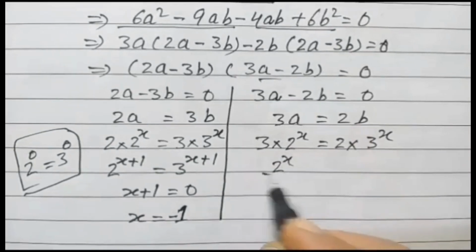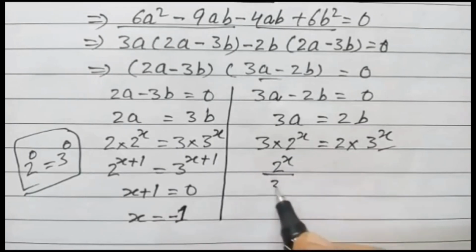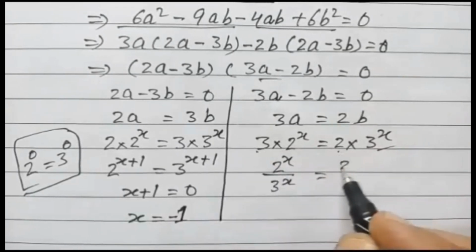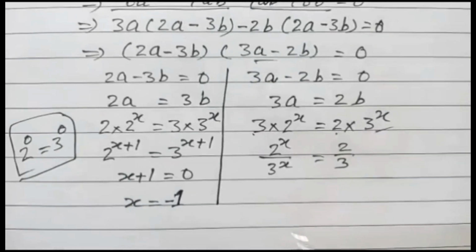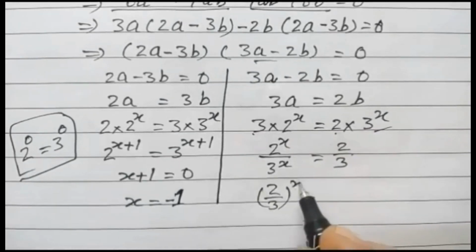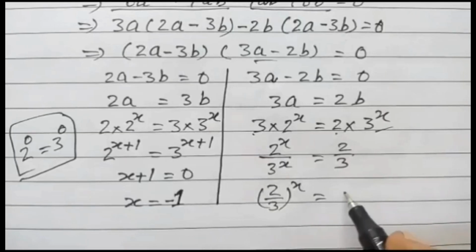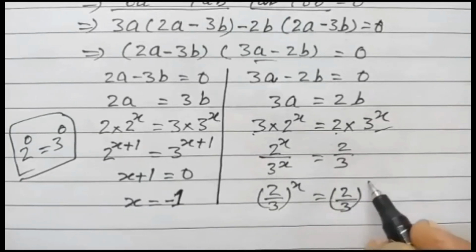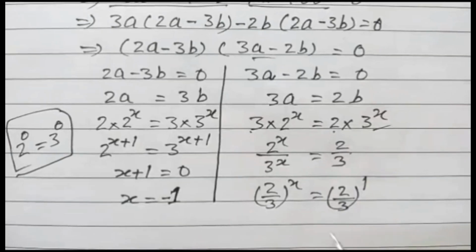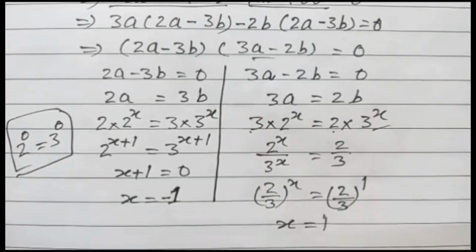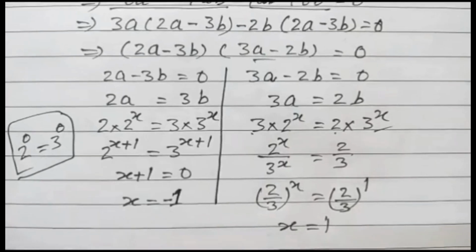So 2^x over 3^x is equal to 2/3, right? So (2/3)^x is equal to (2/3)^1, right? So same base, x is equal to 1, right?